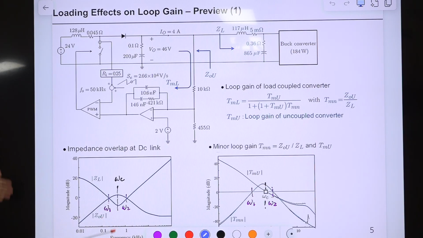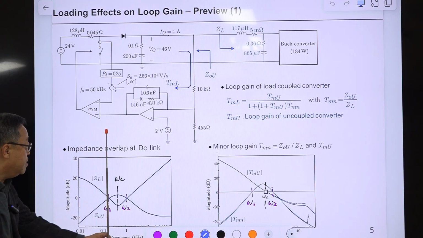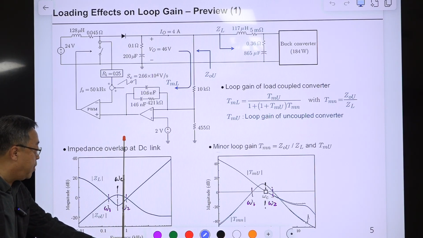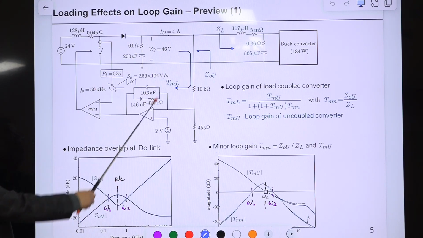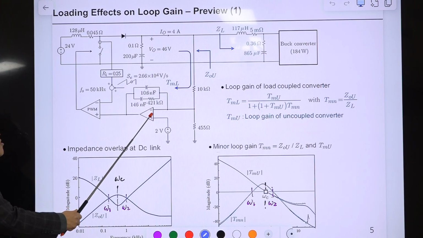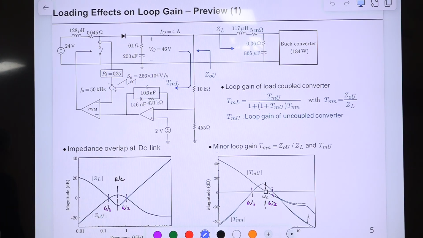I'm using the same example over and over again. So this is GL and this is GOU, and this is what? The first crossover frequency of the minor loop gain, the second crossover frequency of the minor loop gain, and I marked omega C here. Omega C is the loop gain crossover frequency of this upstream converter under uncoupled condition.